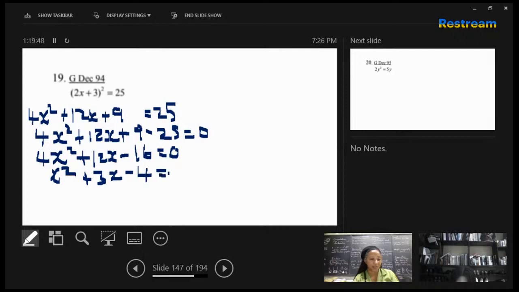Can it be factorized? Yes. So 1 times negative 4. Which two numbers multiply to give negative 4 and add to give 3? It's positive 4, negative 1.